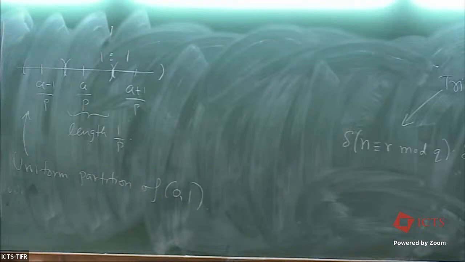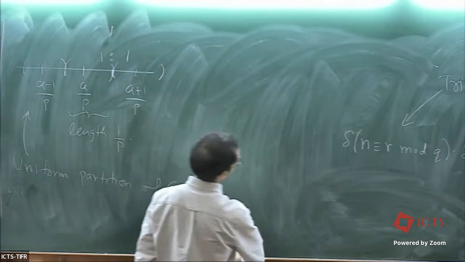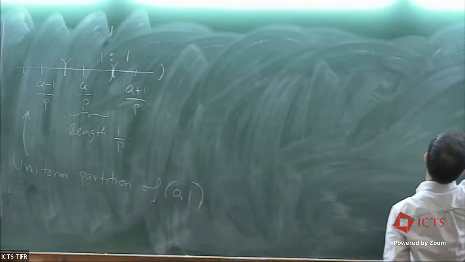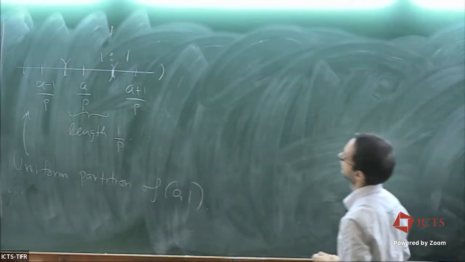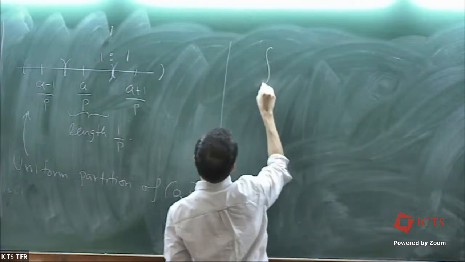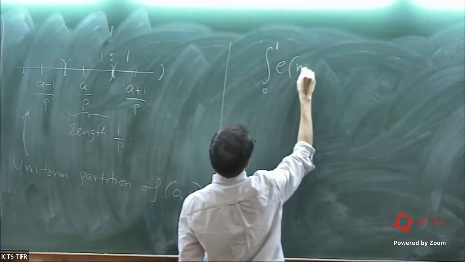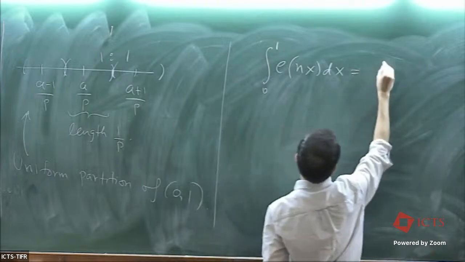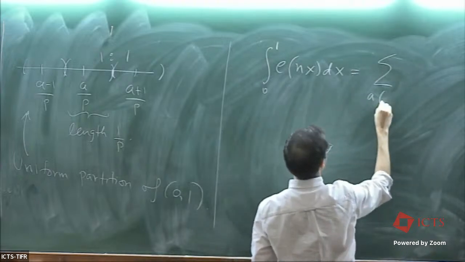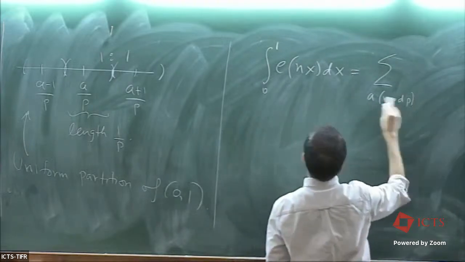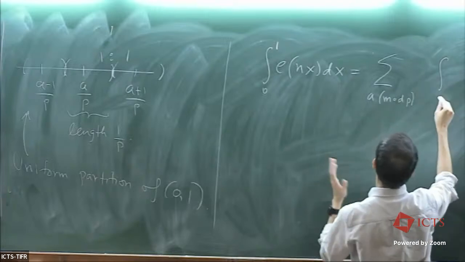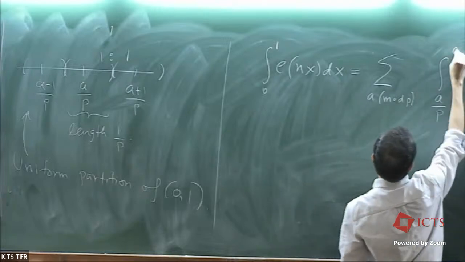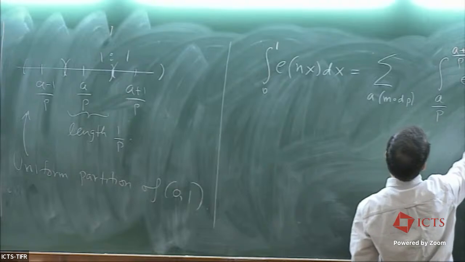So let's do that and see what you get. If you write down the circle method by uniformly partitioning the circle, you get this integral from 0 to 1 of e(nx) dx. But what we are saying is let's partition this thing, where now the fractions are going from a over p to a plus 1 over p.